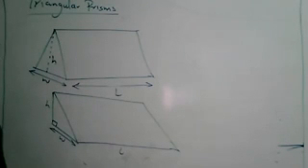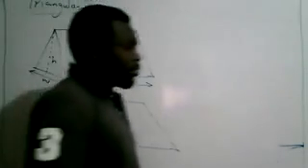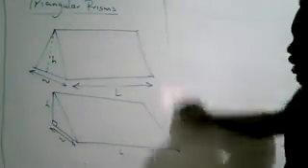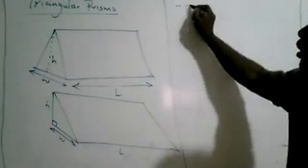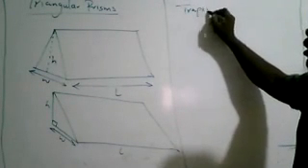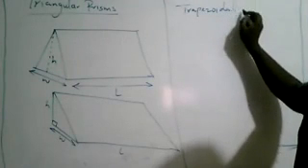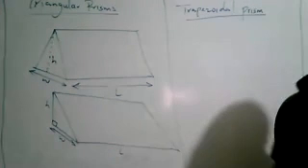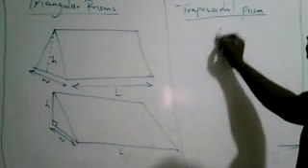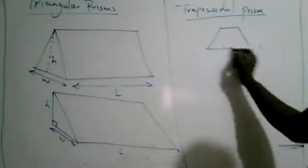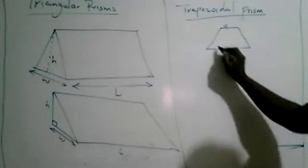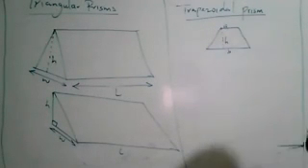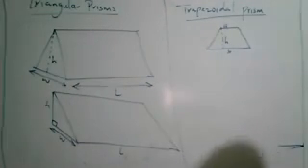Okay, let's look at another shape it can be. We have the trapezoidal prism. Now, the trapezoidal prism is gotten from the trapezium. This is the shape of a trapezium. Are you following me? This is A, this is H. So this is obtained from the trapezium.